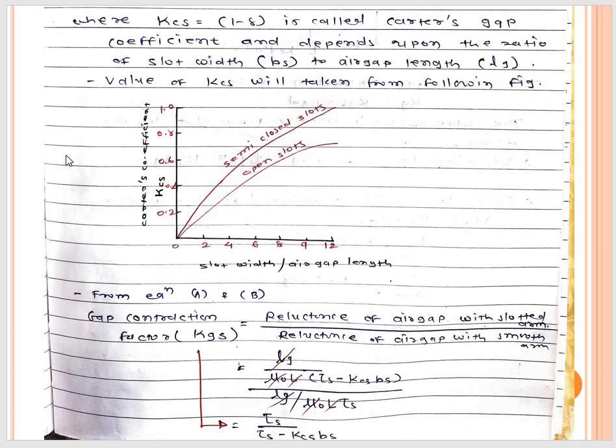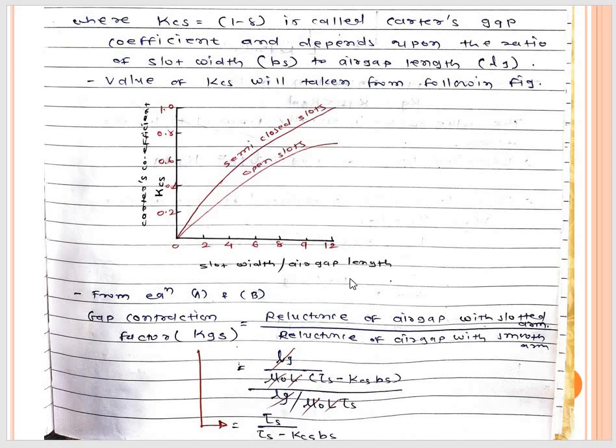One standard graph is available for finding Carter's coefficient. This is the graph of Carter's coefficient versus slot width divided by air gap length. It will give us the value of Carter's coefficient for the particular slot width divided by air gap length.